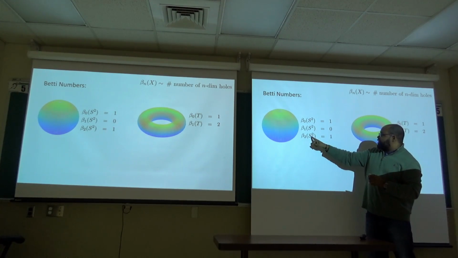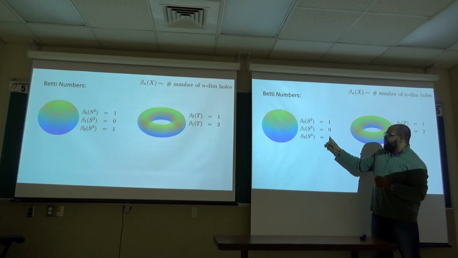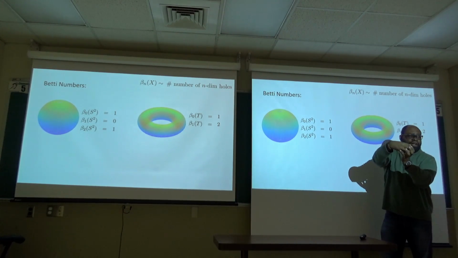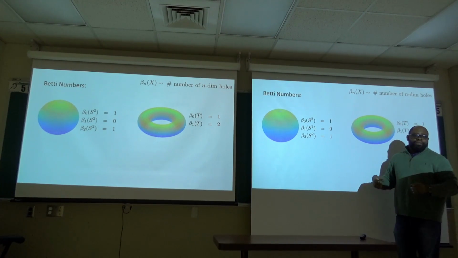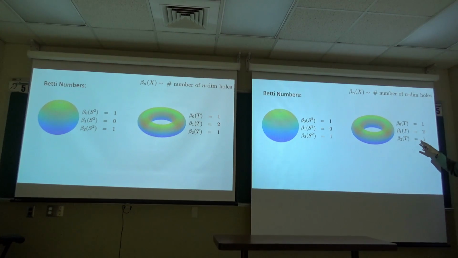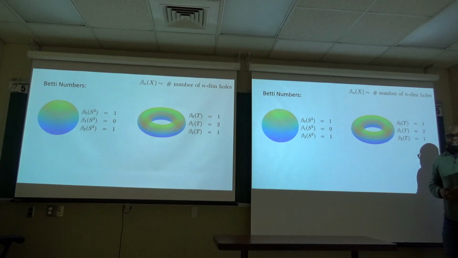In that sense, the sphere has Betti 2 equals 1 because the sphere itself is a two-dimensional object bounding an empty volume. For the same reason, the torus also has Betti 2 equals 1 because the torus is a closed two-dimensional object bounding a three-dimensional void in the middle. Okay? Those are the Betti numbers. Here's a theorem.